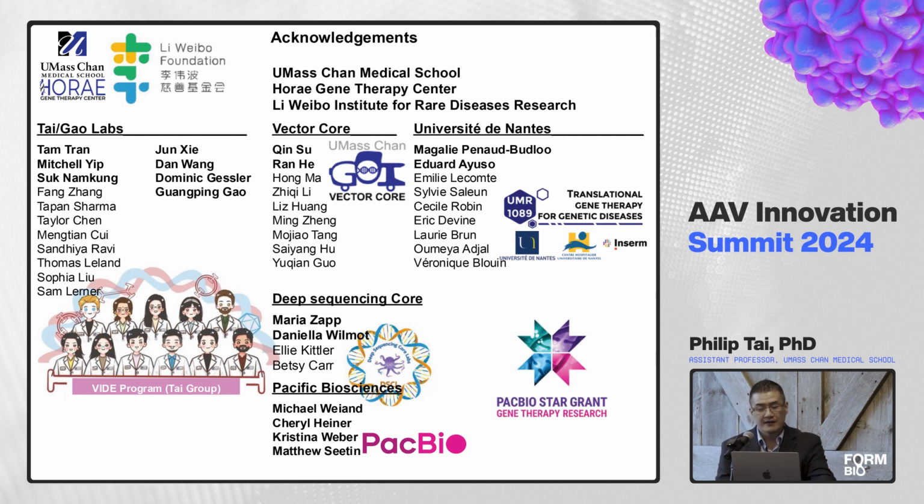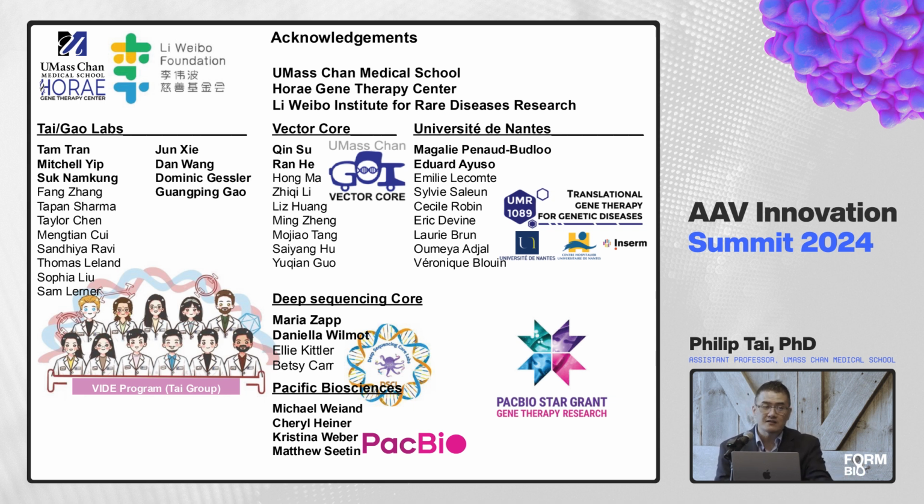Arun gave a talk at ESGCT describing his Gen X, Gen Y, and Gen Z ITR sequences. But one of the things I think those designs are limited in is production. They may have enhancements in transduction when you deliver them into mice and in tissues, and also in cell culture, but they tend not to package well.